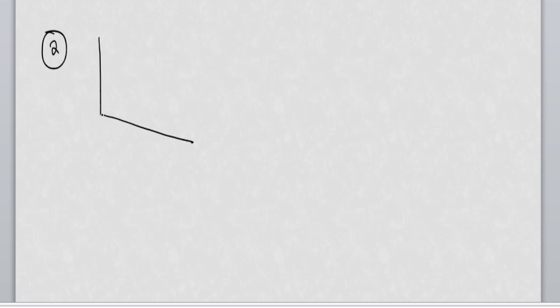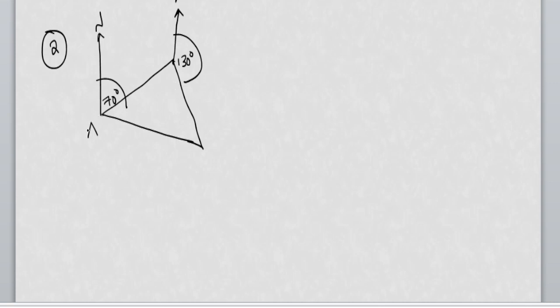Then we have a north there, a north. Then let's say we have 70 degrees there given to us, then they've given us 130 degrees there. Then we can say this is A, that one is B, then that one is C.